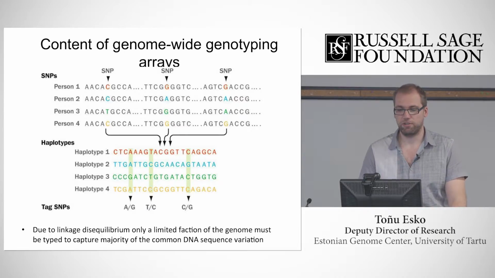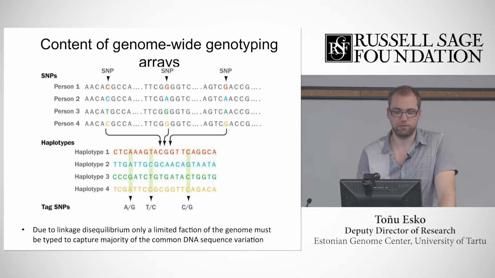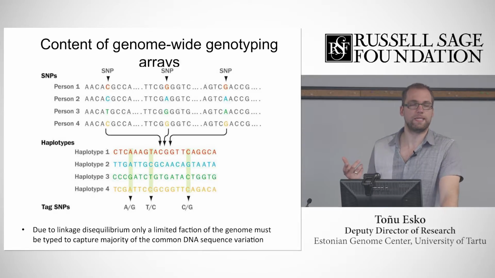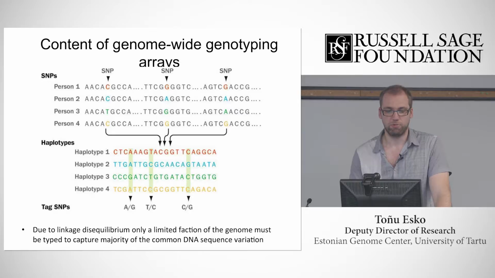Now if we consider only those SNPs that vary, we can construct those haplotypes that I was talking about. This can be considered one of those million haplotypes that we have in the chromosome. And as I said, this one haplotype can have several versions. Here, for example, we have haplotypes 1, 2, 3 and 4 for the persons.